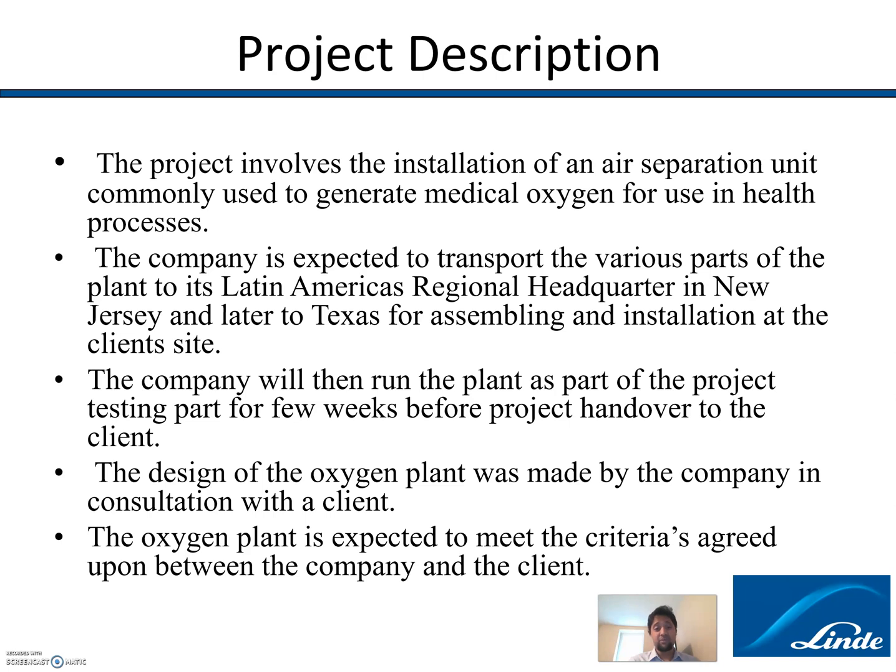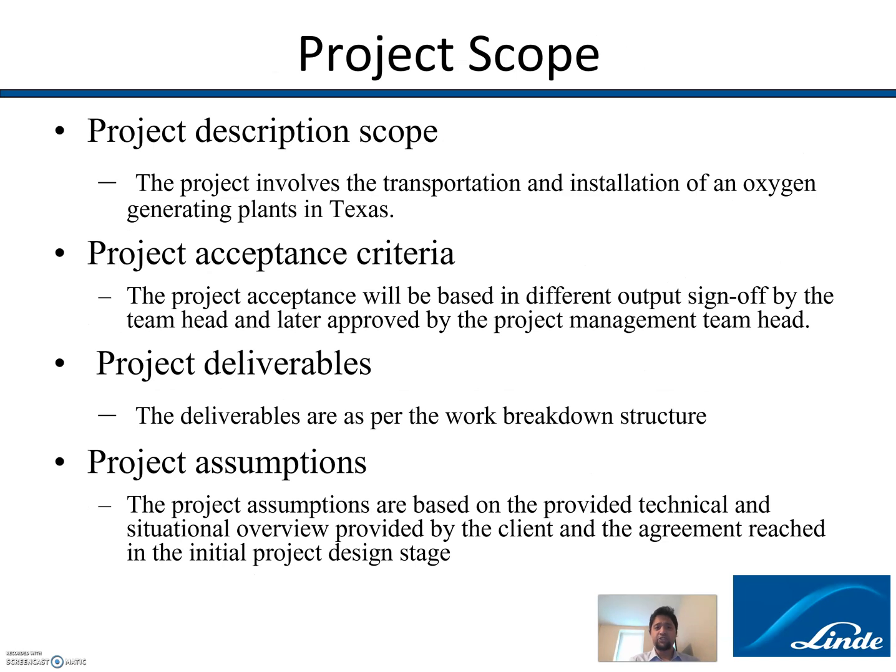The design of the oxygen plant was made by the company in consultation with the client. The oxygen plant is expected to meet the criteria agreed upon between the company and the client. Let's just get into the scope. The major scope of the project involves the transportation and installation of the oxygen generating plant in Texas.